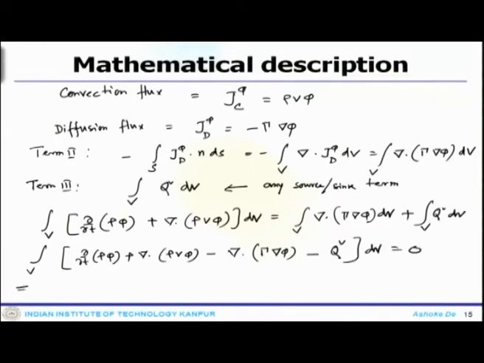Which gives me back the system of, minus Q equals 0. Okay.